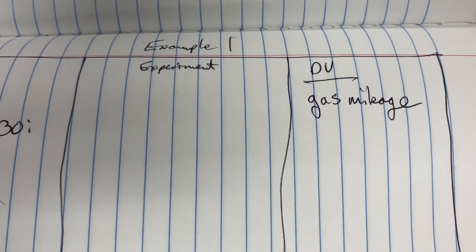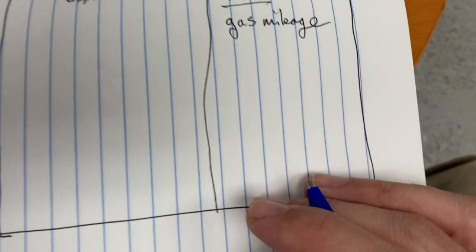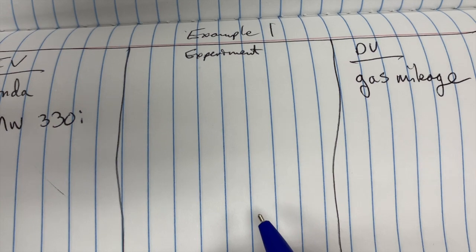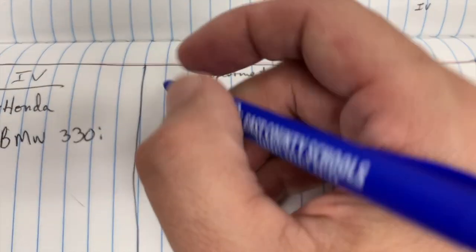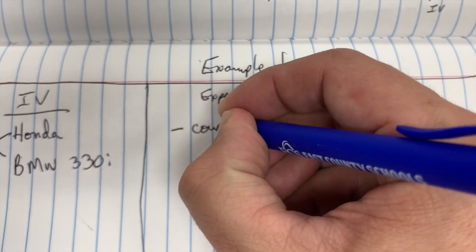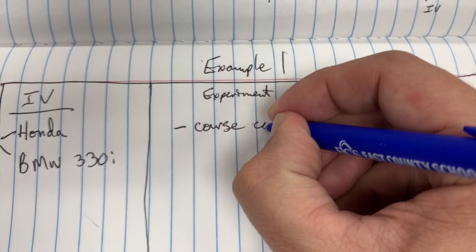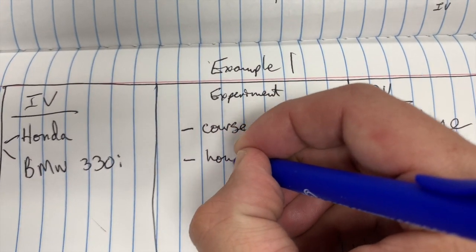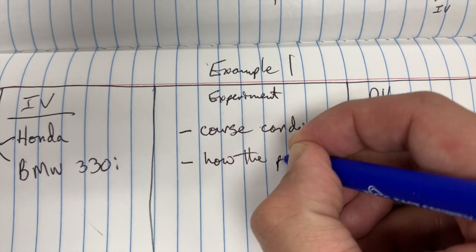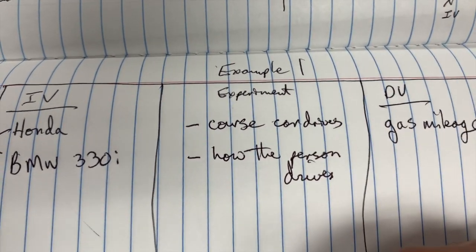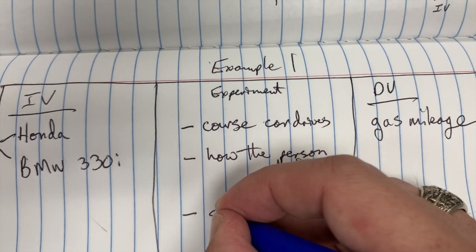Okay, so now we need to talk about the things we need to do to set up our experiment. What are some things that we need to make sure we're careful of? Maybe the course the car drives on. Maybe how the person drives. They should drive the same distance.